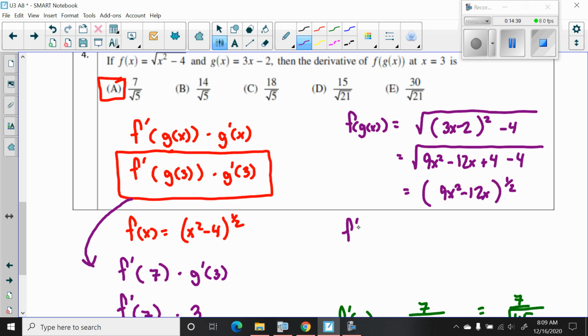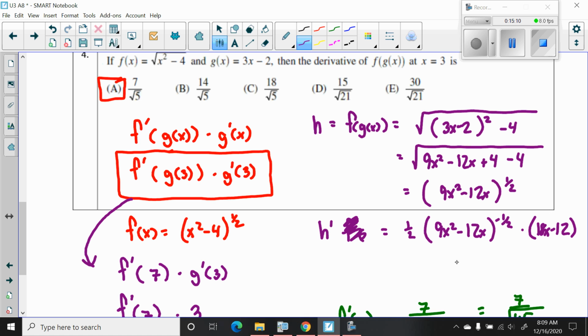And the f prime of g of x, or this new function, let's just call it h of x. So when I go to find h prime, the new composition, be 1/2 times 9x squared minus 12x to the negative 1/2 times 18x minus 12.